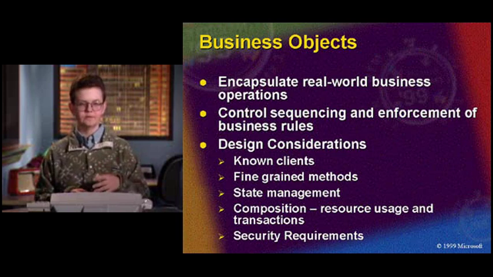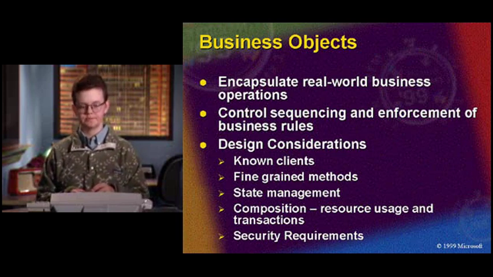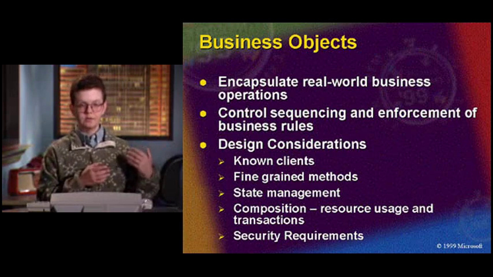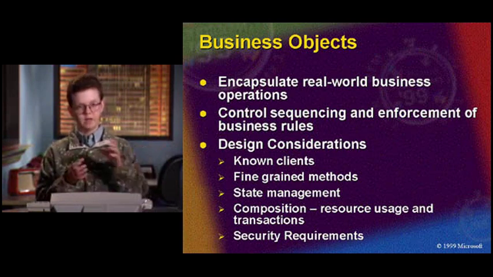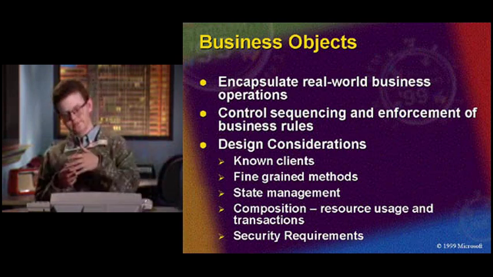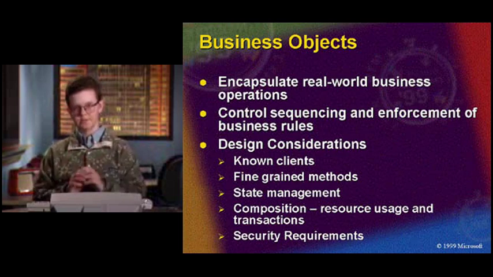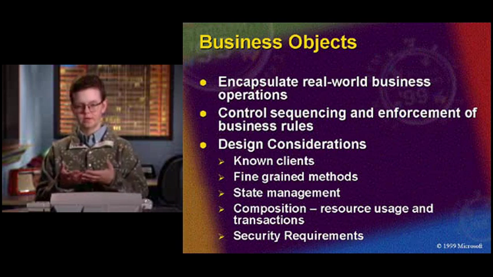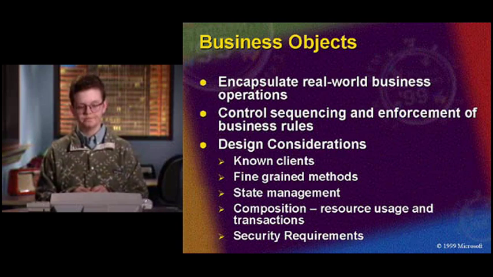How do I get the information into the object in the first place? If the information is kept on the client, then you probably are going to end up with methods that have a lot of parameters that take all the information from the client tier and move it into the business object. And the business object will use that information to complete one method, do its work, and it'll go away.